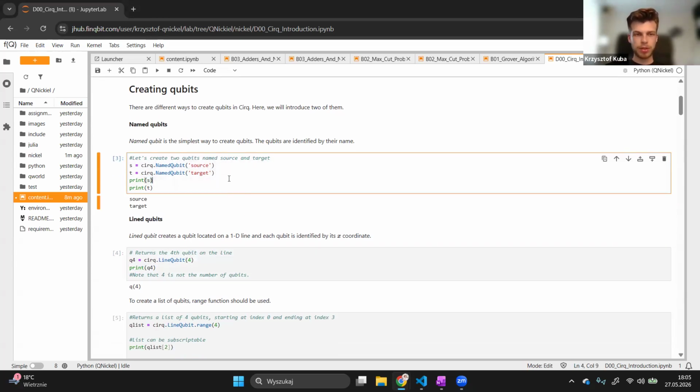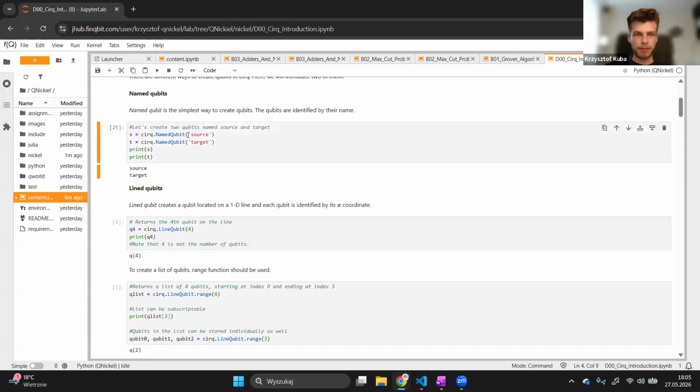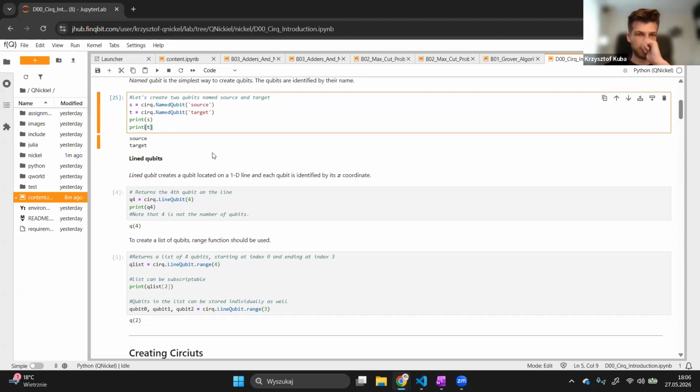A named qubit, as you can probably think of, lets you add a name to your qubit, which may help you track which qubits are ancilla qubits or target qubits, or the qubit that you're going to use for quantum amplitude estimation, for example. But in this workshop, we're not going to use this very often.